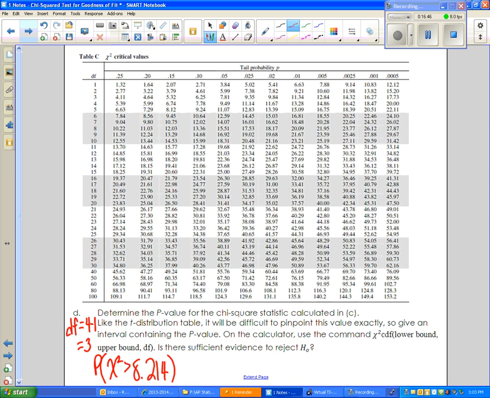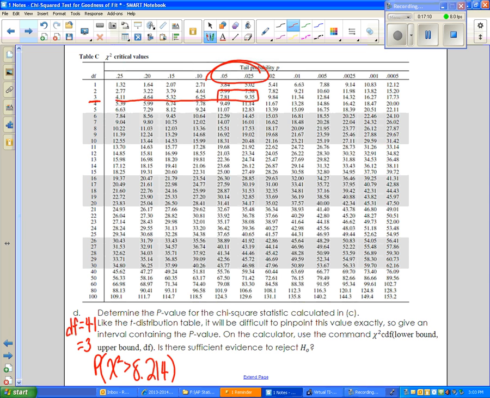If I'm going to use the table to find the probability, I'm going to first look for my degrees of freedom, and then along the line I'm going to look for my chi-squared value of 8.24. Looking down this line, I can see that it's between 7.81 and 9.35. If I go to the top of the table, that gives me a range of p-values.